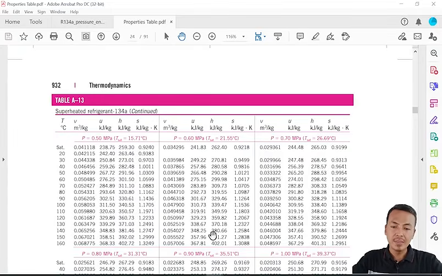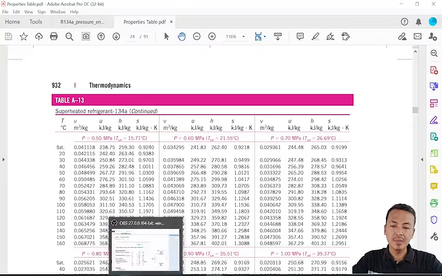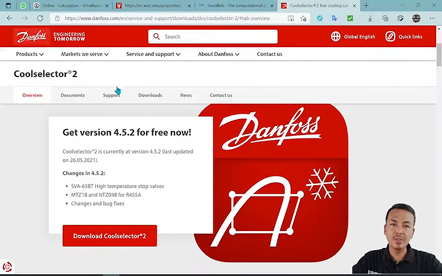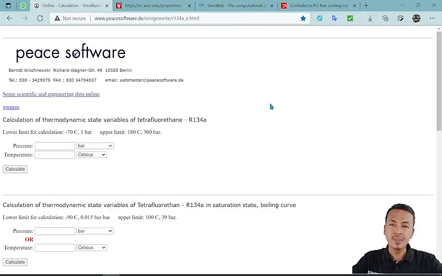Okay. Another method to get the enthalpy is using an online calculator. There are many available on the internet. You can search in Google for many online calculators for refrigerant properties.